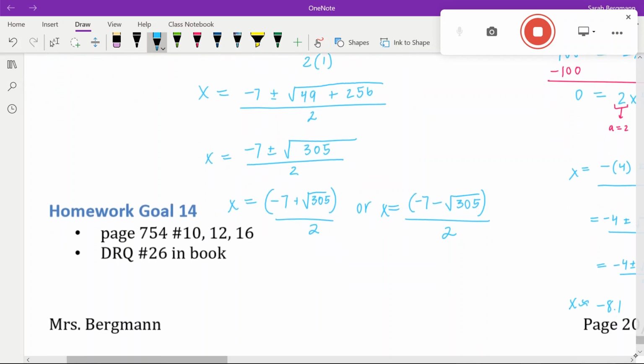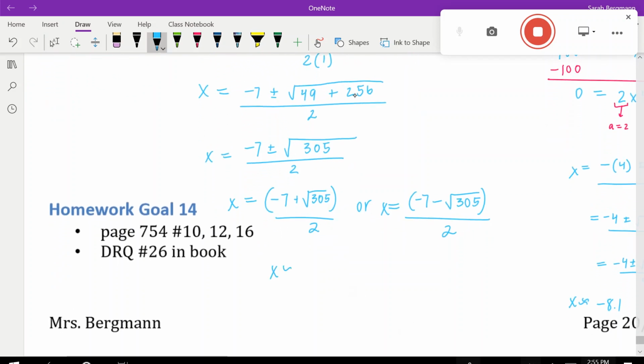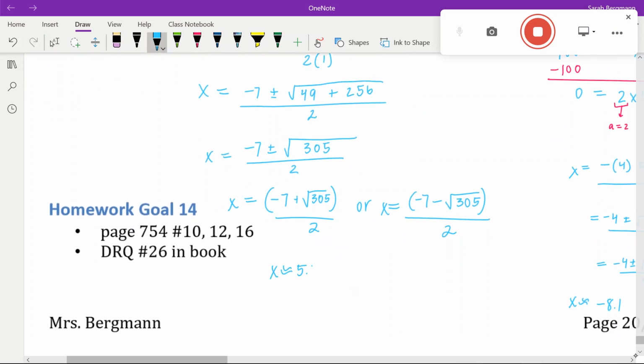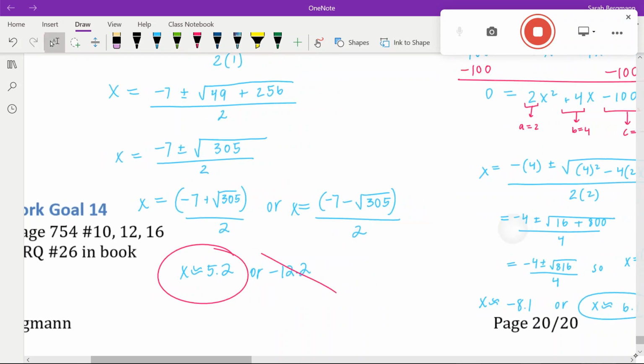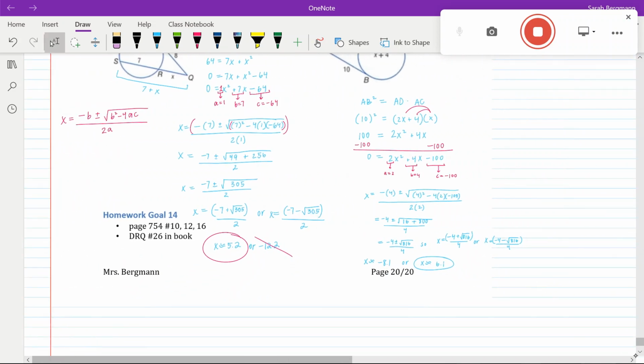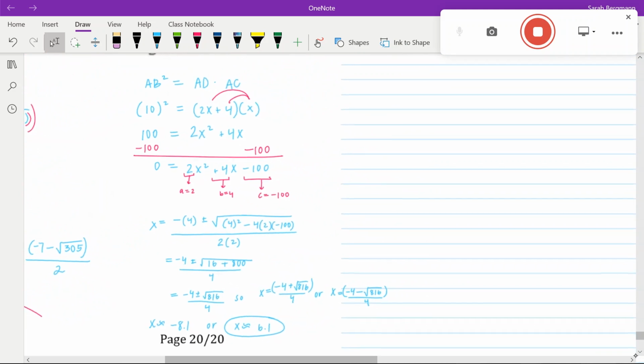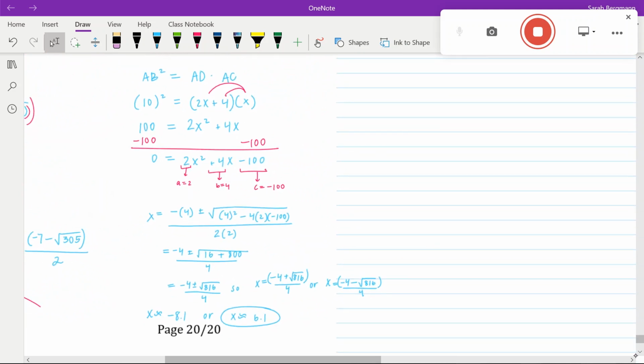So when you plug these in, we'll get x is equal to about 5.2 or negative 12.2. Obviously, x cannot be a negative value, so I know that x has to be 5.2. Go ahead and try the practice problem to the right, pause it, and then resume and check your answer.